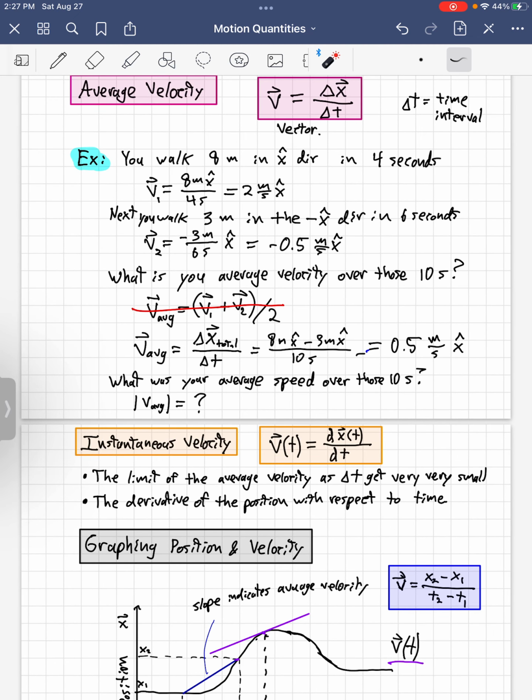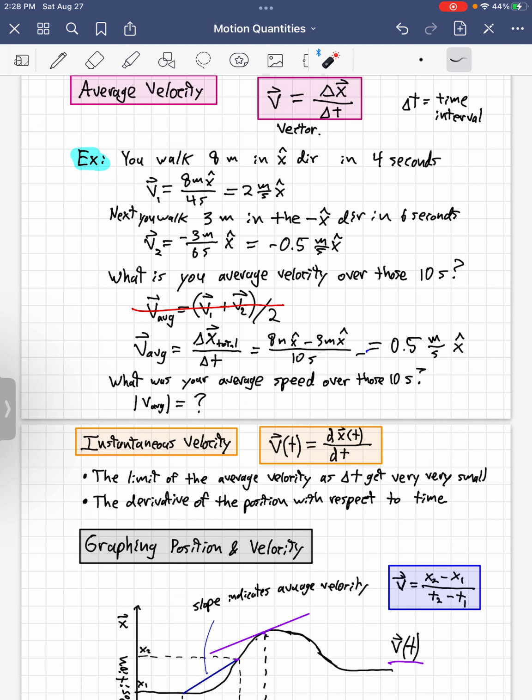So what if I were to ask you, what is your average velocity over those 10 seconds? And you might be tempted to say, okay, let's just take the average of v1 and v2. But that wouldn't be right because you were traveling at this velocity for 6 seconds and you were traveling at this velocity for 4 seconds. So what you really want to do is say, what is the total displacement at the end of your journey?